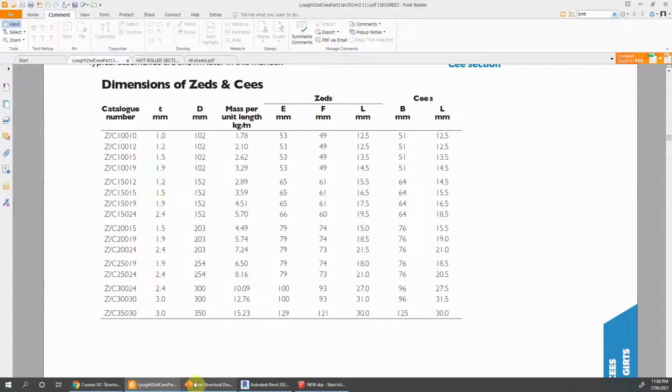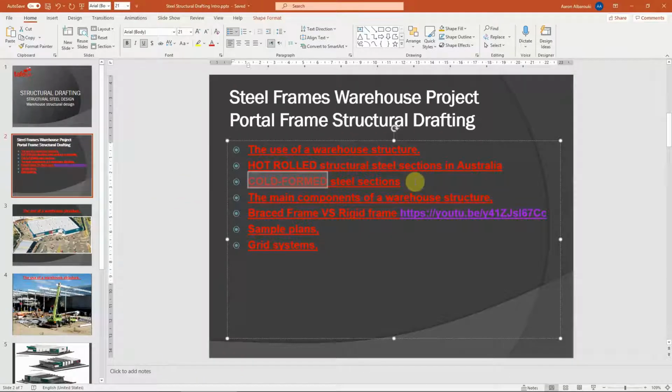Let's move on to our next point here. So we talked about the hot roll structure members and cold form members. We will talk about them in more detail later on, as we use them during the design on Revit, we will talk about more specifications and details of them.